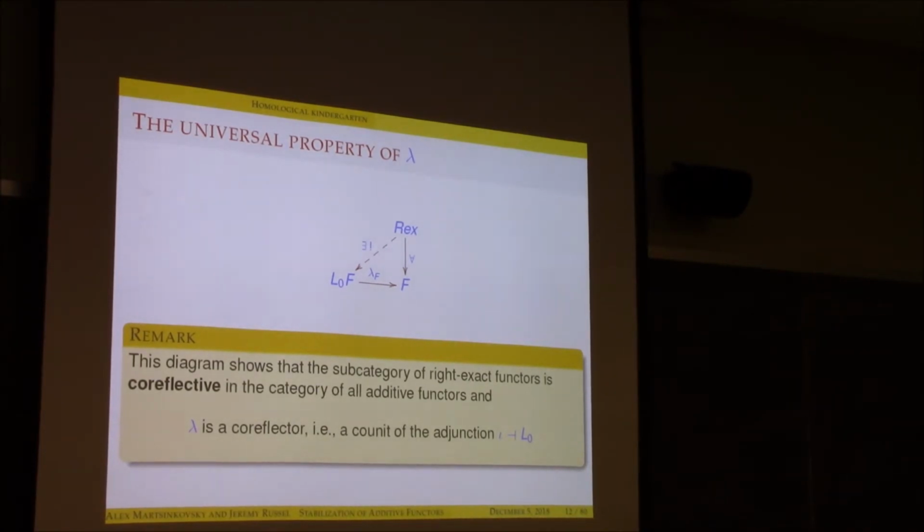So in the language of categories, that tells me that the subcategory of right exact functors is co-reflective in the category of all additive functors.